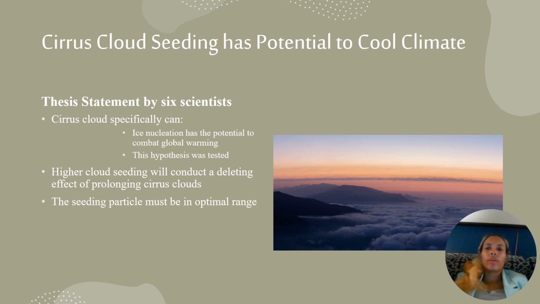So cirrus cloud is actually the major cloud, and it controls a lot of the planet's temperature. When the cirrus cloud is warm, it tends to be a little warmer. And what the scientists are saying is that once this cloud is in ice nucleation, it has the potential to combat global warming. And the hypothesis was tested, as I've stated in one of my sources before.